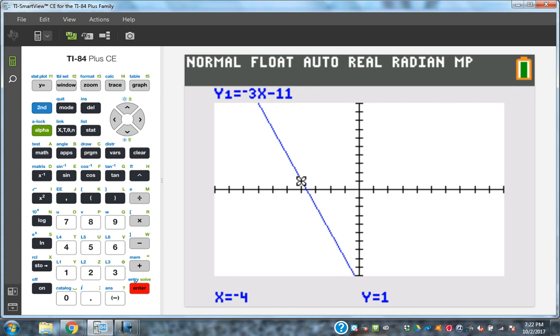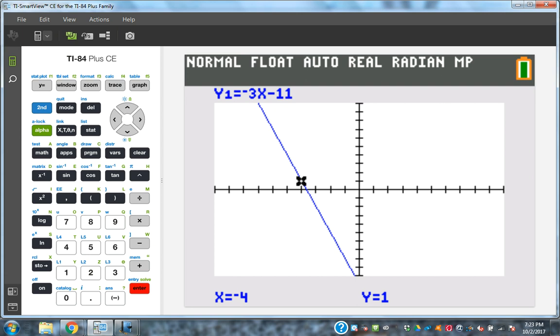There's nothing coincidental in my opinion, in life, especially not in math class. So there we have negative 4, positive 1. The ordered pair they gave me. It's not a coincidence. Now the y-intercept, it's down here. It's like negative 11. It's just off the screen. We know that that's where it would be at. Doesn't necessarily always match up with that ordered pair unless the ordered pair is 0, something.